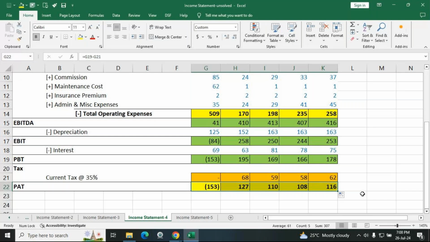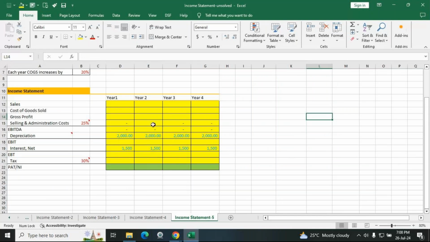Yes, ma'am. Okay, next one, income statement 5. In this one, the two cells, selling and administration cost and EBITDA, just remove these two lines. There is calculation which I've left without removing. That is row number 15 and 16. Just delete it and then solve.